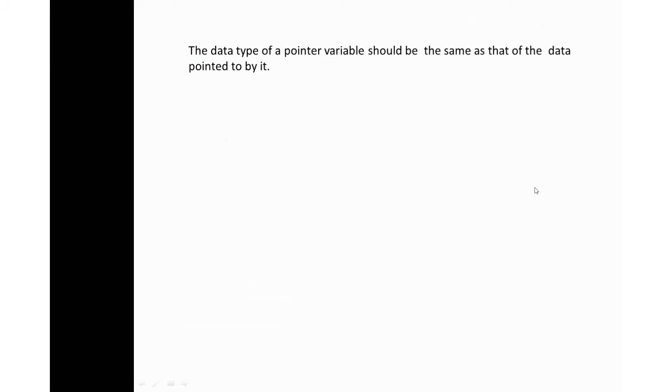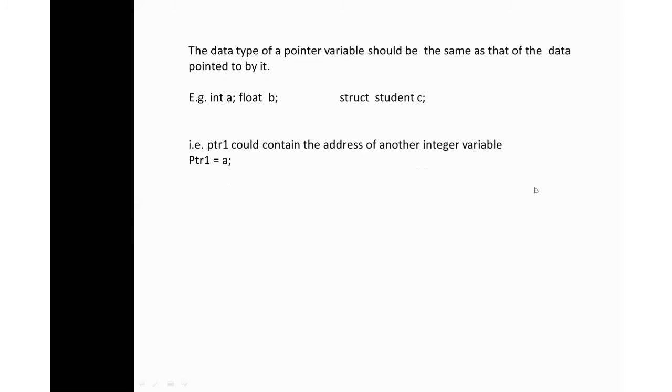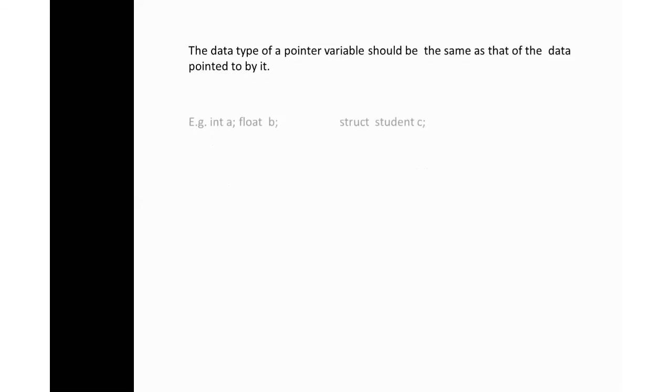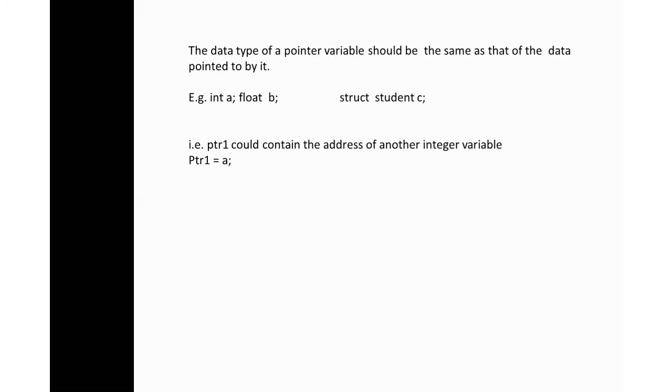The data type of a pointer variable should be the same as that of the data pointed to by it. Example: int A, float B, then struct student C. PTR1 could contain the address of another integer variable. That is the explanation for this.